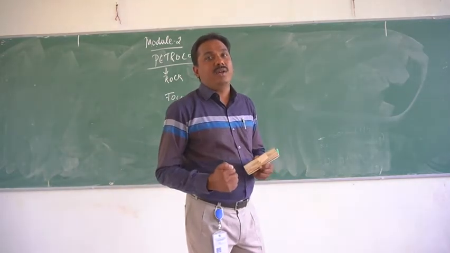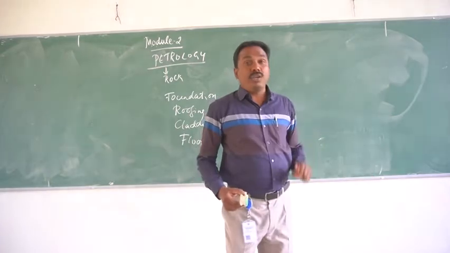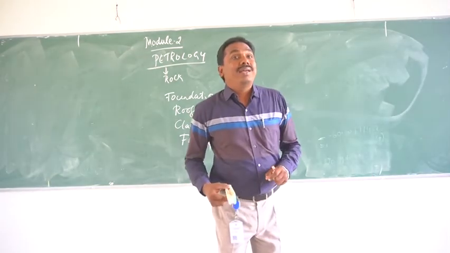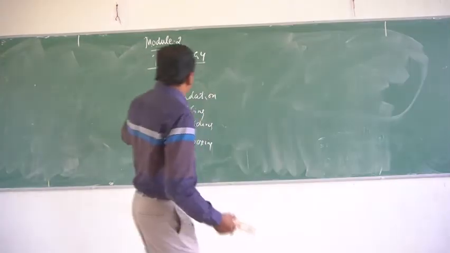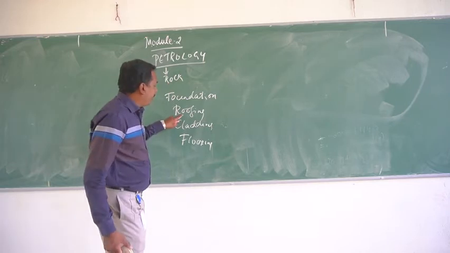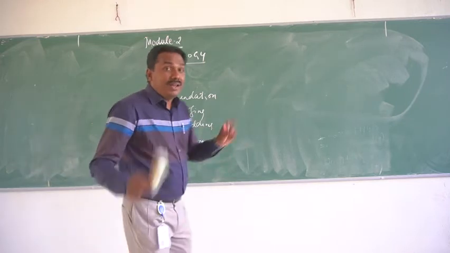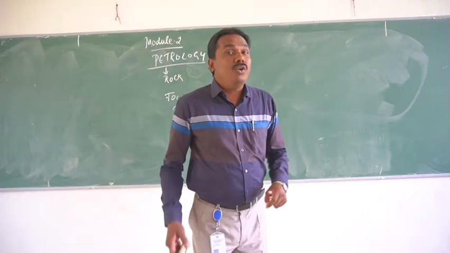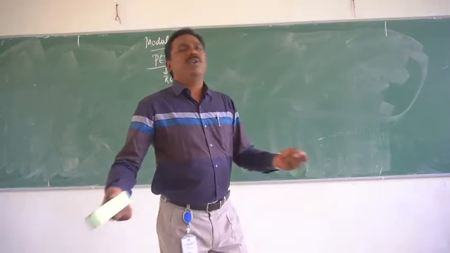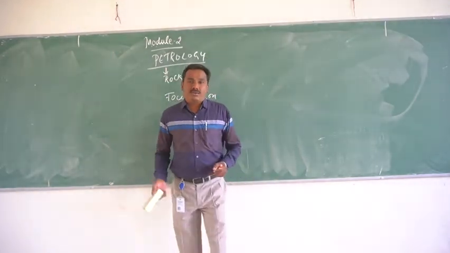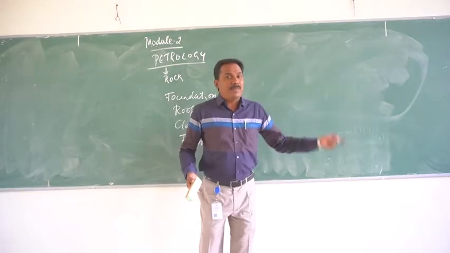You require rock. For flooring, you require rock. For roofing, again a rock. For cladding, again a rock. We all know that. What is that rock? Commonly, you call it granite rock, or commonly you call it marble.